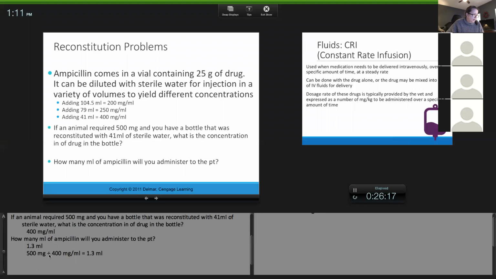I divide 500 by 400 and I get 1.3 mils of total drug. So when you go to the bottle, as long as you made it up correctly, you're going to give that patient 1.3 mils, and that will give the patient 500 milligrams.